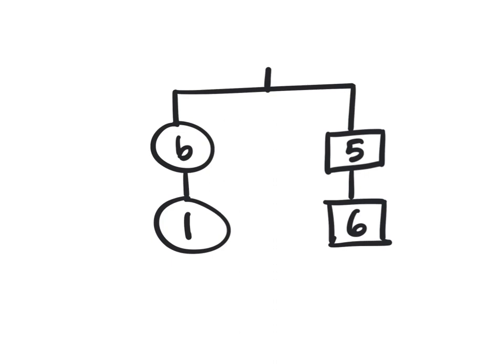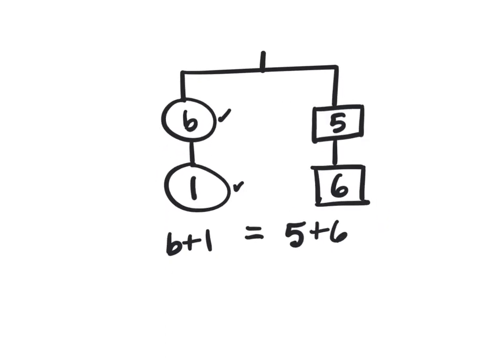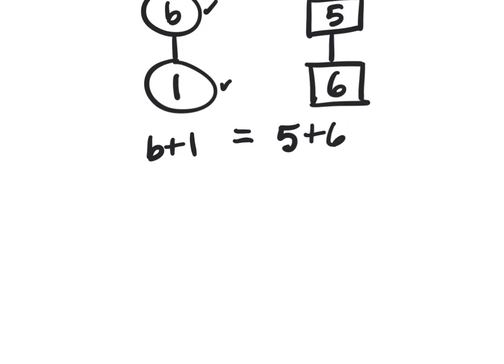In this problem I have a b and a 1. So I've got b plus 1 is equal to, I've got a 5 and a 6. Not 5 times 6. I don't have 6 5s or 5 6s. I just have a 5 and a 6. So I'm going to look, where's my variable? It's right here. What operation is being used?